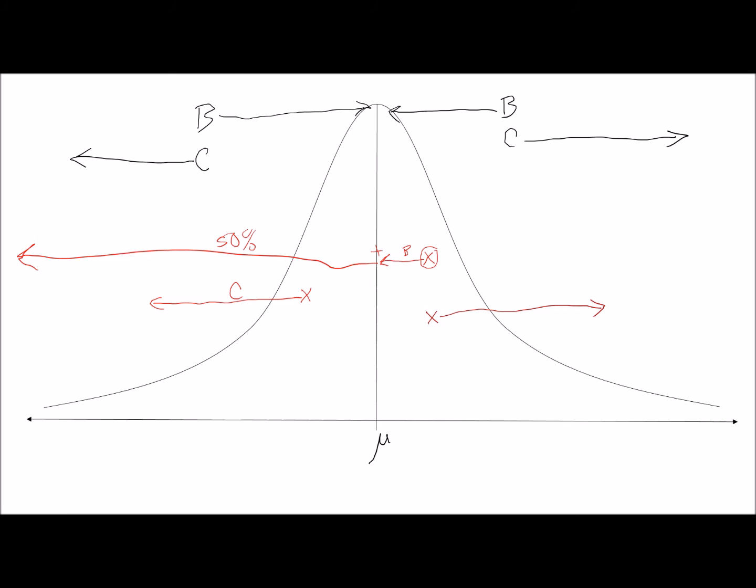Well, then that's going to be the C column. If your z-score is below the mean, so it's a negative z-score, and you want to know everything from this point and above, you're going to take it to here, which would be B, and then the rest of the way, which is the other 50%.